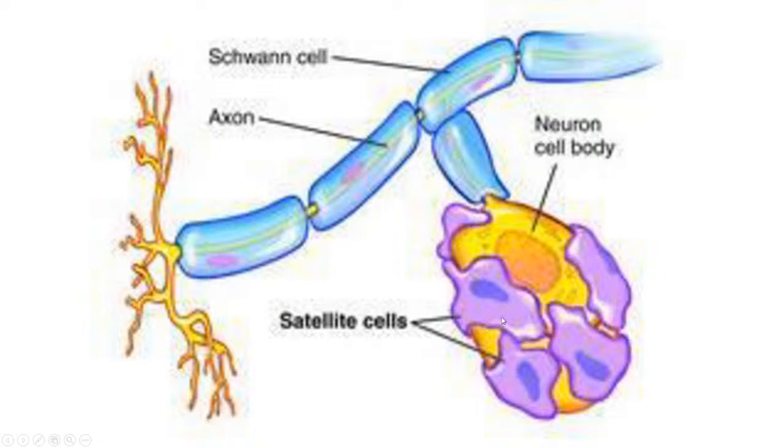Then you had the satellite cells, which surround the neurosoma, especially of the sensory neurons, whose cell body is located in the ganglia outside the spinal cord. The two cell types in the peripheral nervous system: Schwann cell, satellite cell. Schwann cells produce the myelin sheath, very important for that reason.